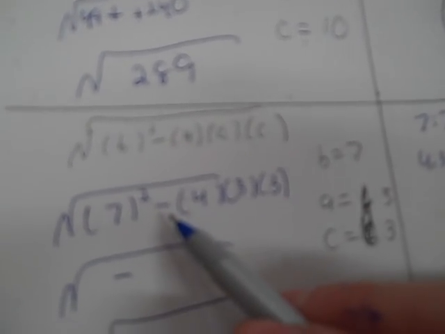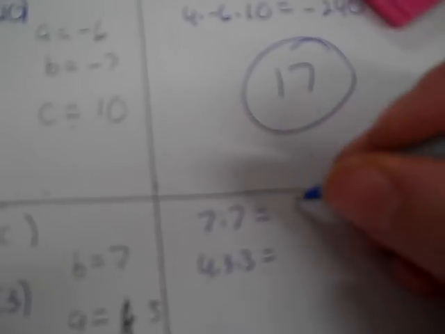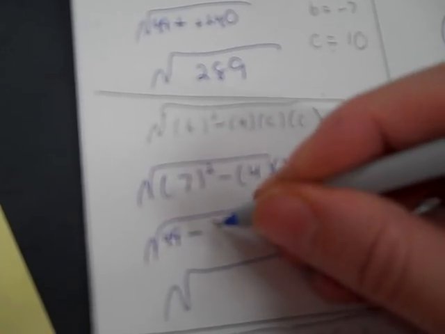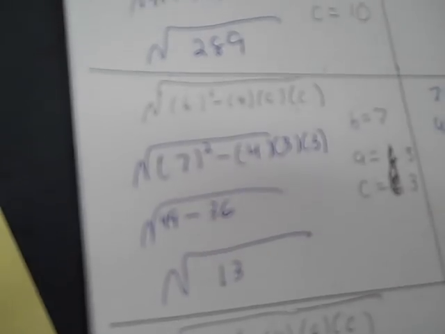Now, I don't put the negative with the 4 because that's a minus. I know you're like, well, ain't a minus and negative. It is, but just put the 4 in as 4. So that's 49 and 36. Well, I just minus these. That's 13. So the square root of 13 is 3.61.